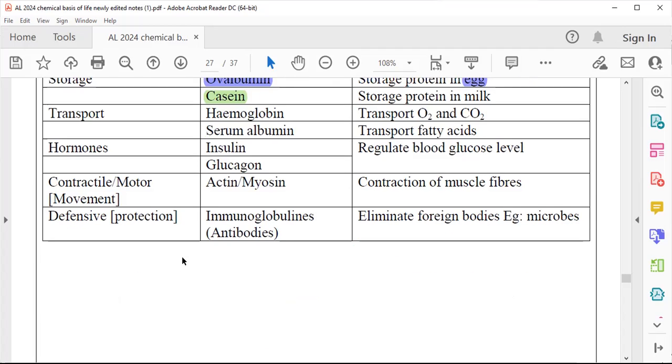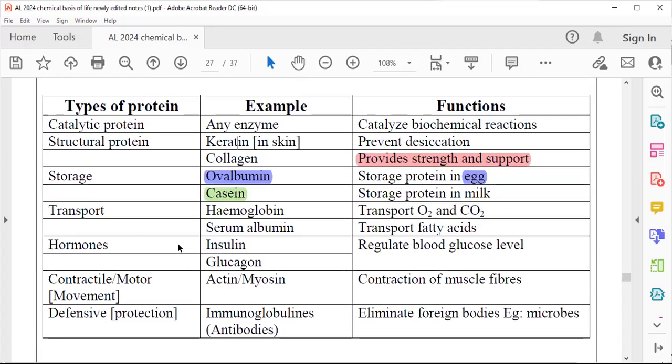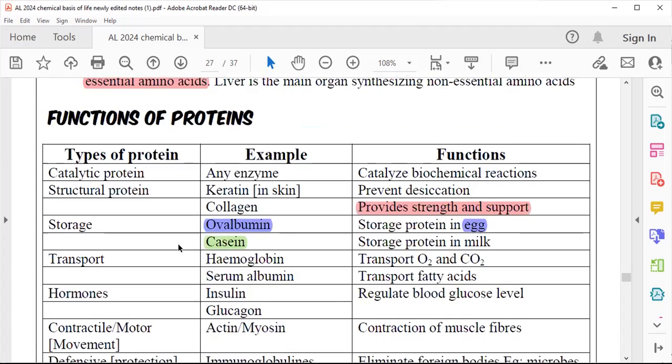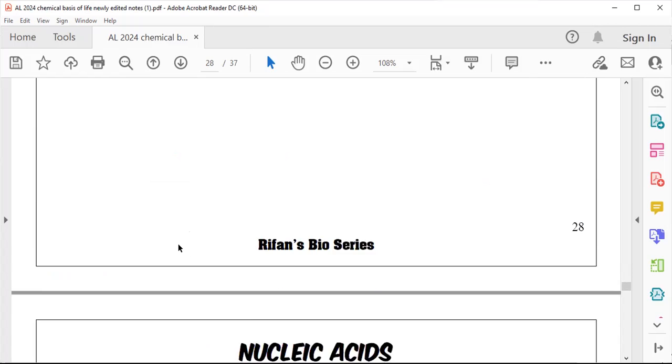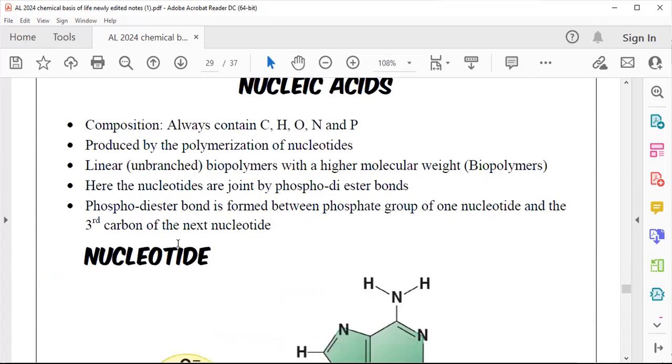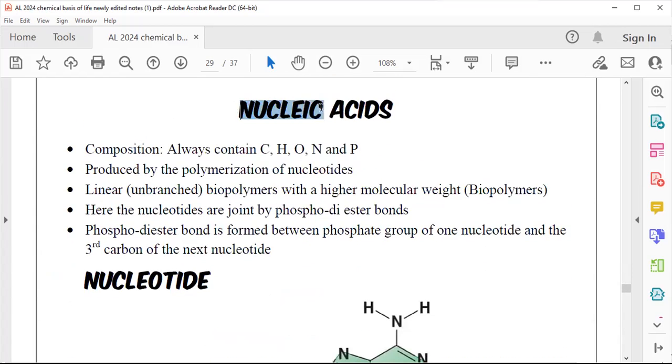Are you clear? Right. With this, the protein portion is over. Today you are going to start discussing a new topic. What is the heading? Nucleic acids.